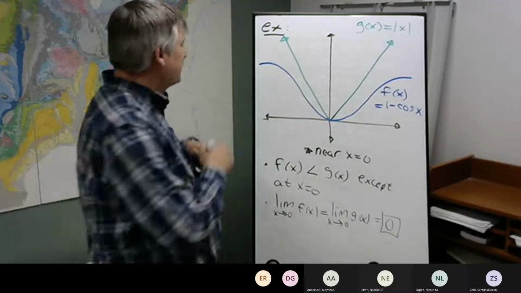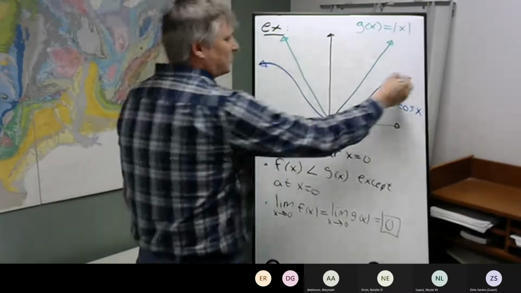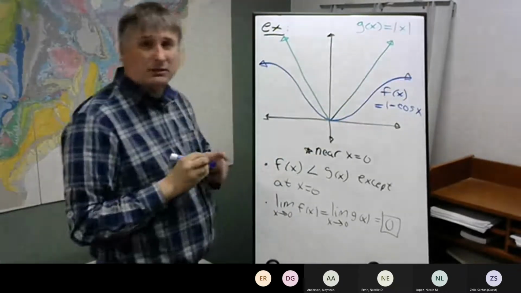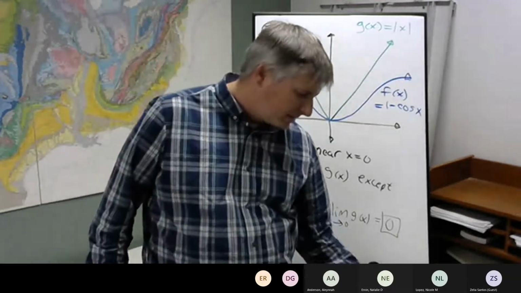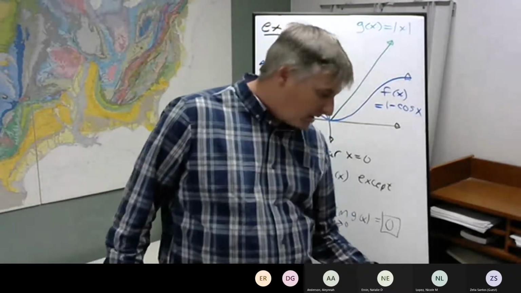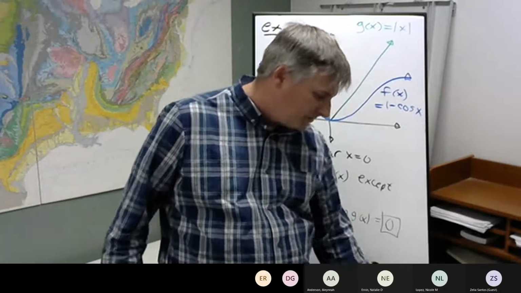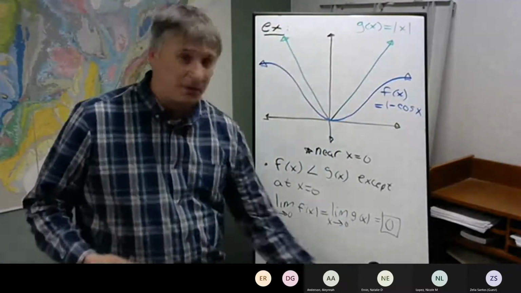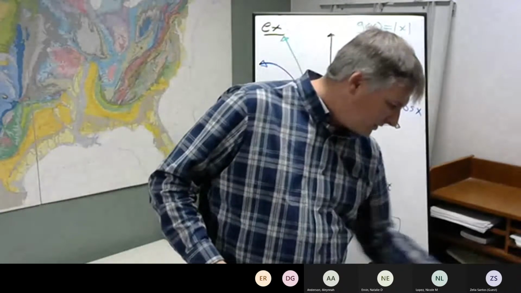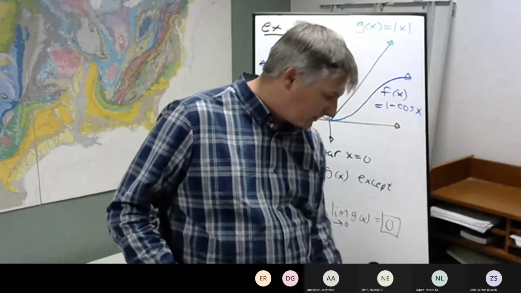Anyway, so that's section 2.2. That's that introduction to limits. We're going to try to get precise now. What we've done so far is we've had this sort of vague idea of being near something. A limit is what a function does when it's near something.